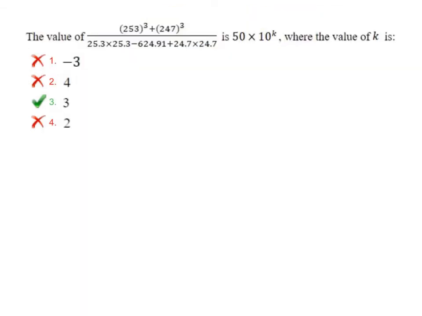The value of the expression is equal to 50 into 10 to the power of k, where the value of k, if I multiply and divide it by 100, becomes a cube plus b cube by a square plus b square minus ab. The value is simply a plus b if I multiply and divide it by 100.